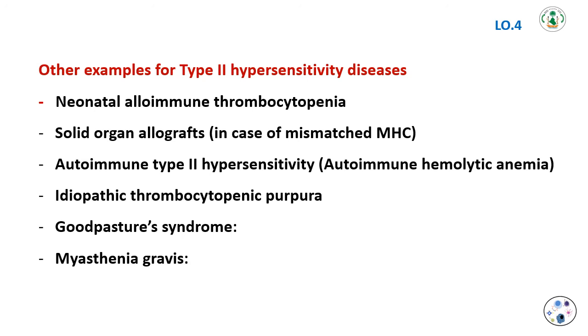Myasthenia gravis is an autoimmune disease of the neuromuscular junction caused by antibodies that attack components of the postsynaptic membrane, impairing neuromuscular transmission and leading to weakness and fatigue of skeletal muscle.